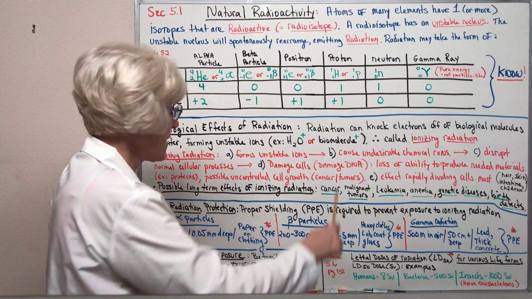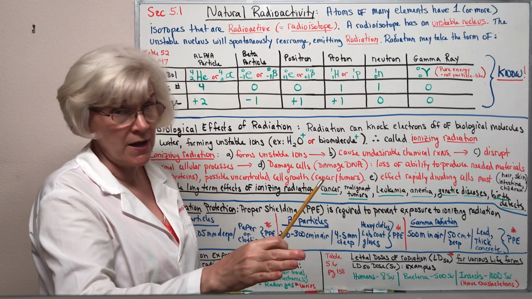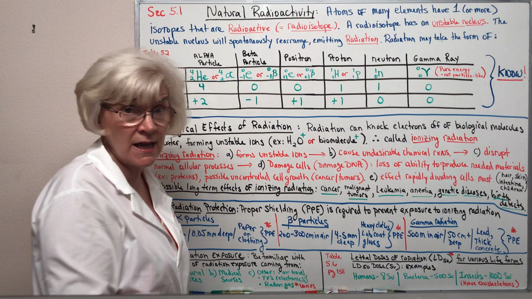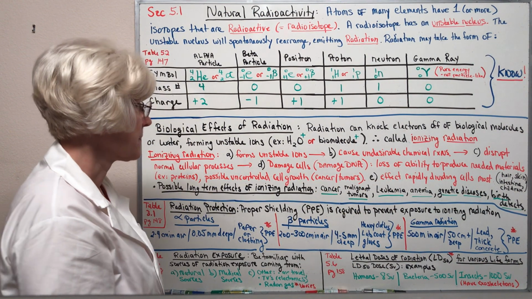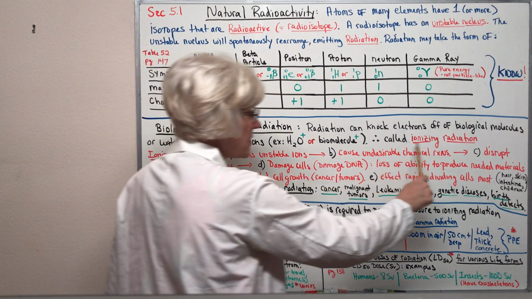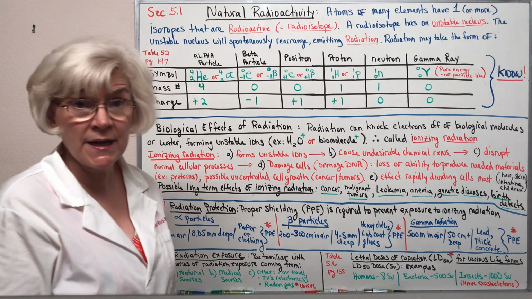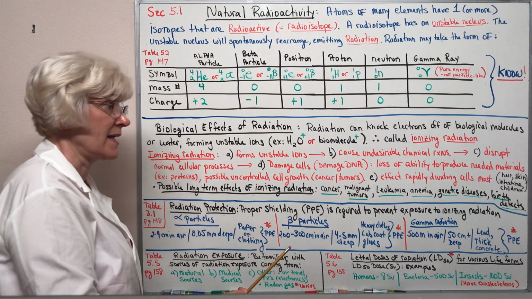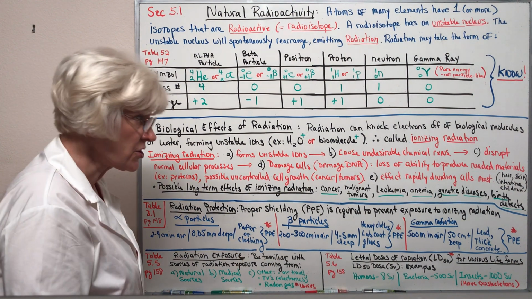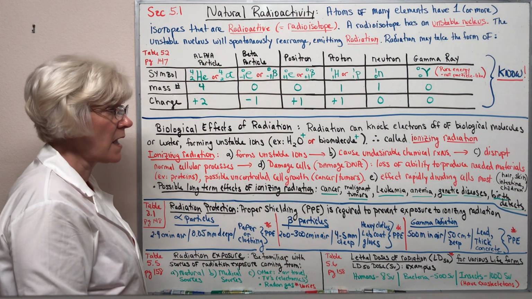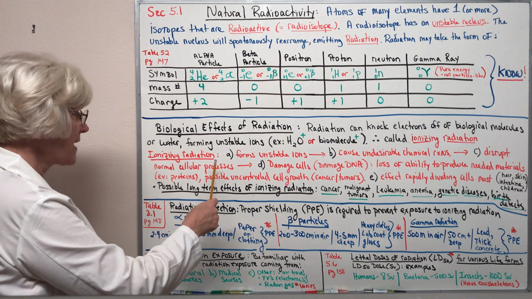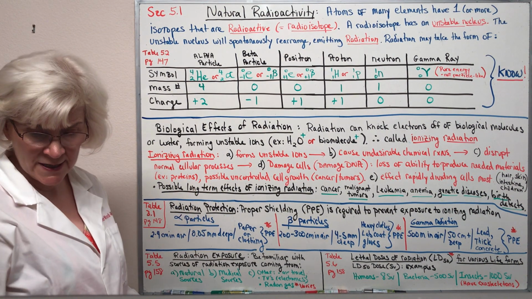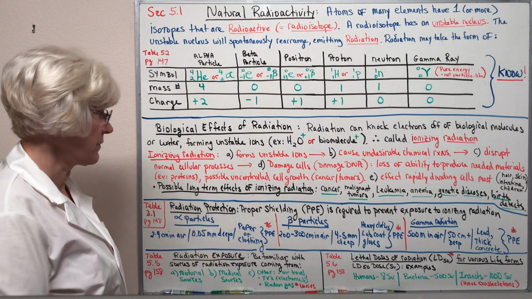Or the radiation, if it encounters any biomolecule, can knock an electron off of it and convert it into a positive cation. Therefore, this radiation is called ionizing radiation because it ionizes, causes charges to form on biological molecules or water.